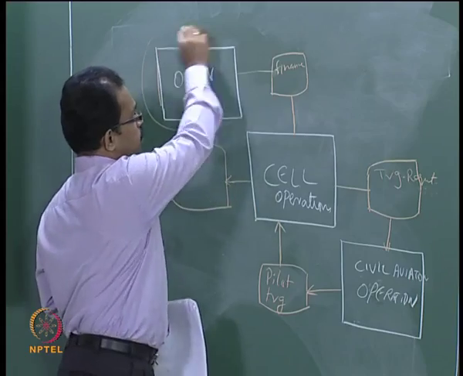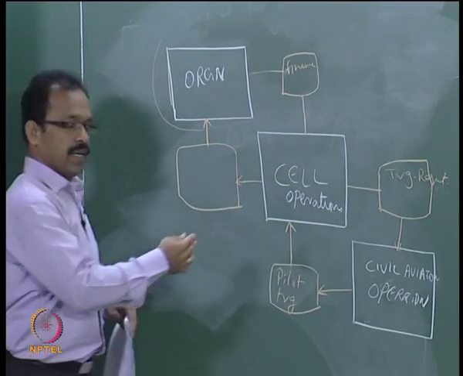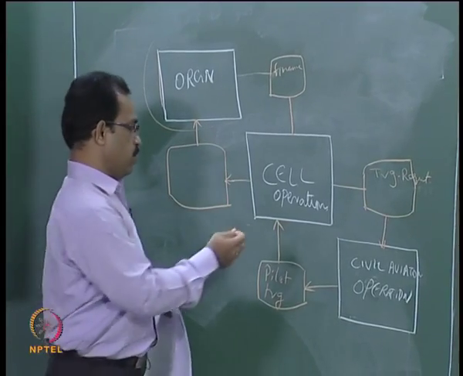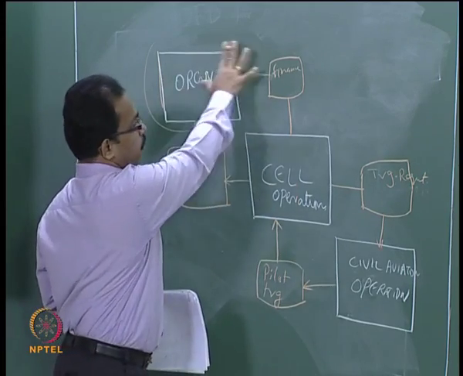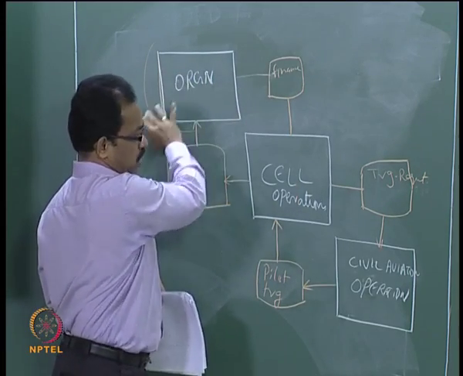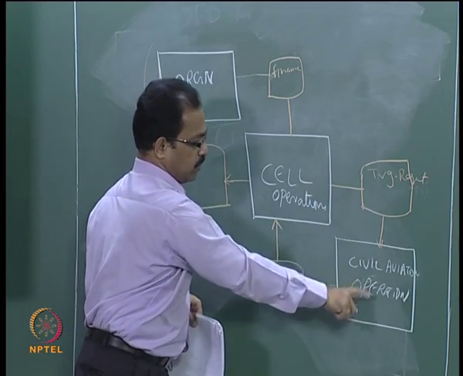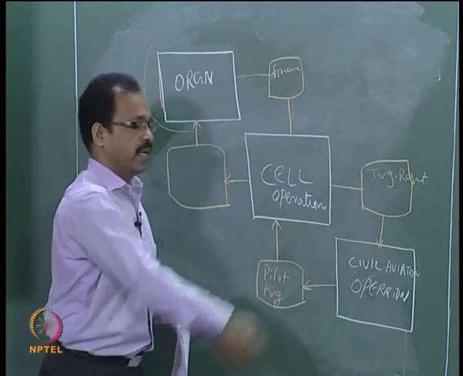So this loop was completely away from this loop, and that is one of the reasons why nobody could trace these cells, or identify the people who are undergoing cell and what is their intention, because there was no interaction between the main organization and the cell operations directly, and with the civil aviation operation only the cells were really interacting.